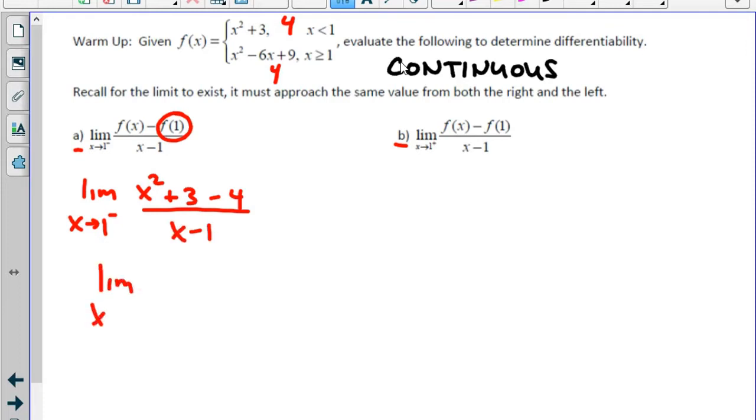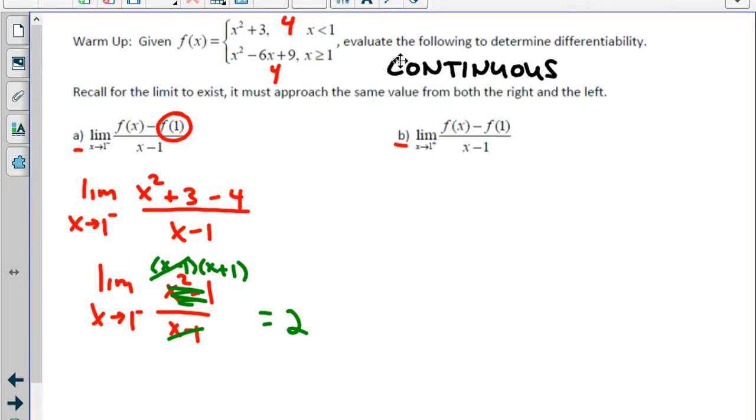So this ends up being x squared minus 1 over x minus 1. When we factor x squared minus 1 into x minus 1, x plus 1, we end up with the limit as x approaches 1 from the left of x plus 1, that is 2.